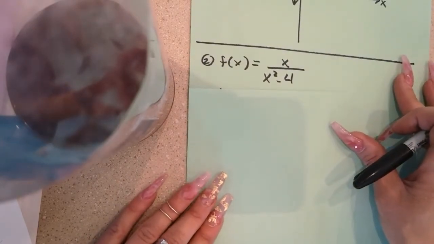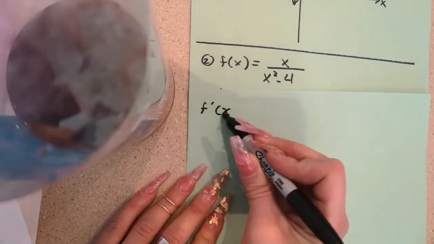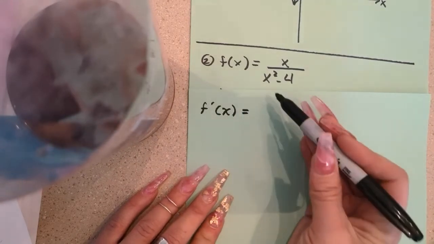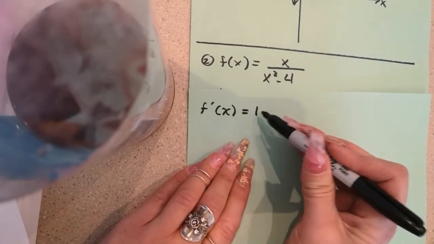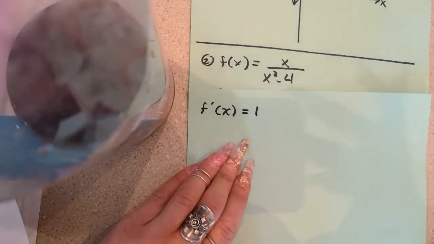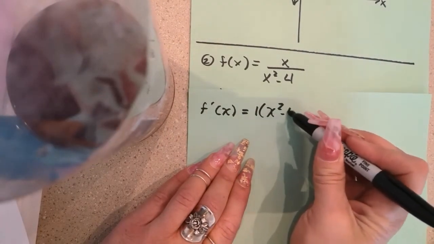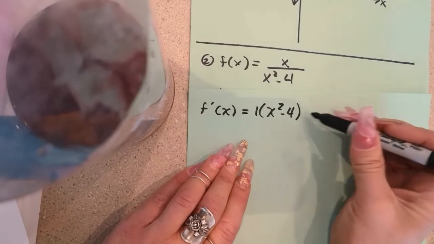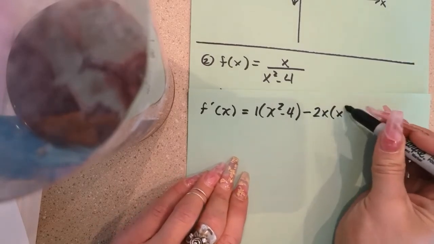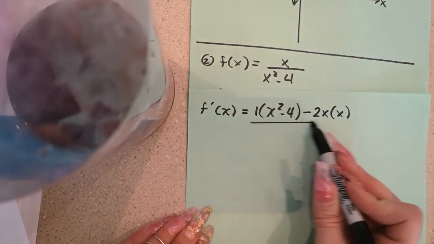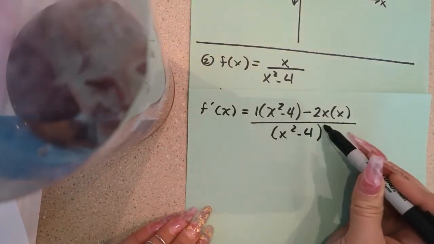Now maybe I'll start my differentiation. So let's see, the first derivative, I'll use the quotient rule. So derivative of the top, 1, times the bottom, and then minus the derivative of the bottom times the top, over the bottom squared.